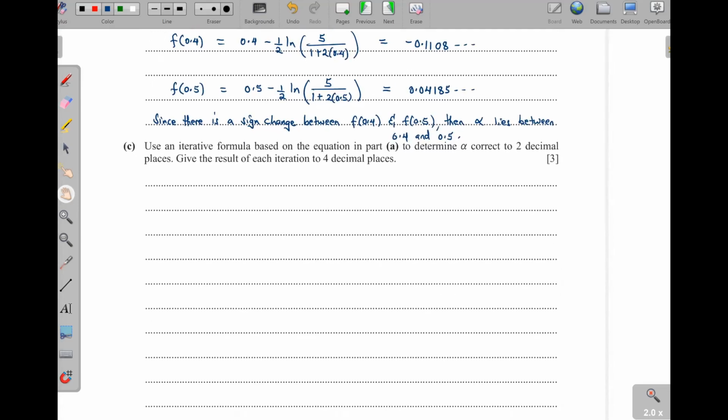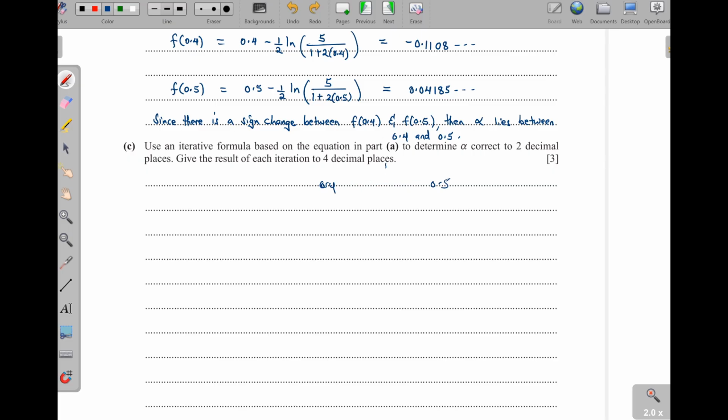Then part C, use an iterative formula based on the equation in part A to determine alpha correct to 2 decimal places. Give the result of each iteration to 4 decimal places. Now, since we have seen that the root lies between 0.4 and 0.5, so you have the 0.4 here, you have the 0.5 here, it is in between there.